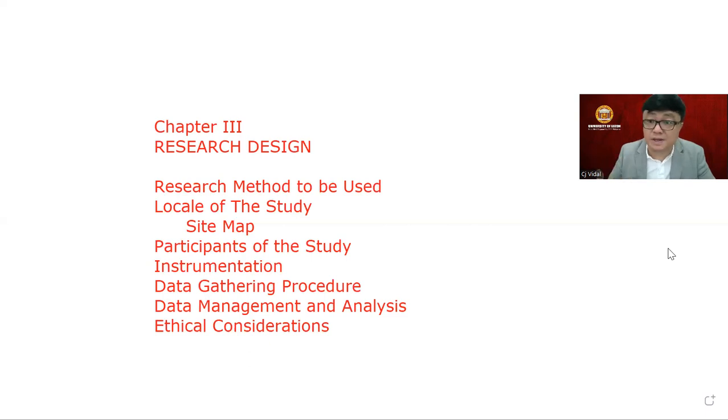That's transferability. And lastly, we have confirmability. Similar to objectivity, it pertains to the researcher's commitment to ensuring that the findings are derived from the informants' ideas and experiences rather than the researcher's biases. So these are the four that point to the trustworthiness of the data.